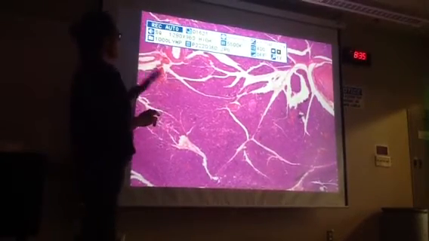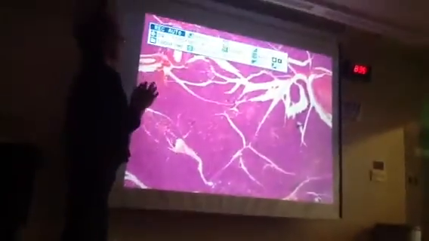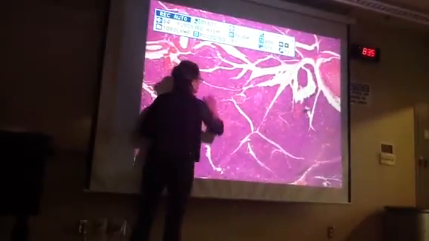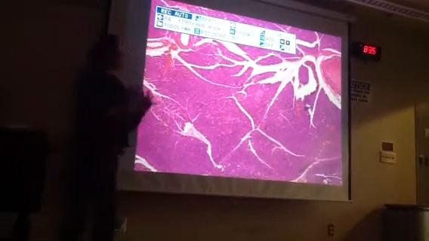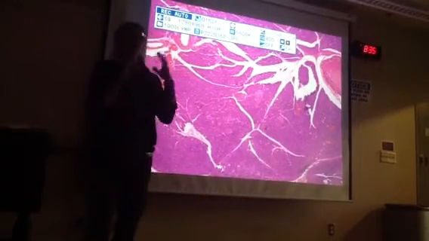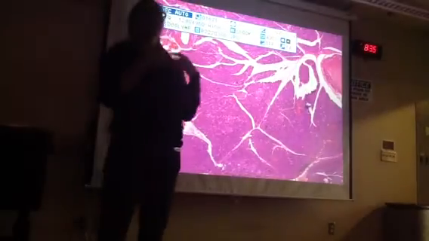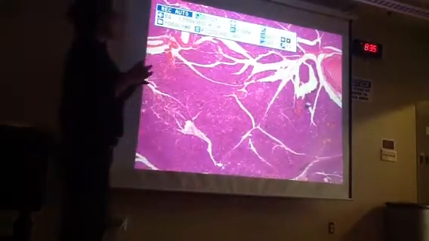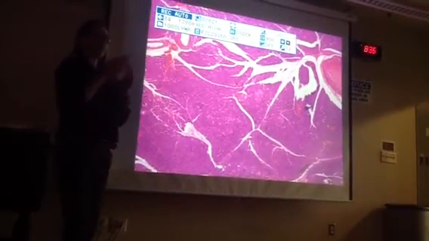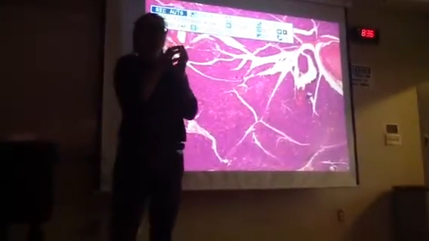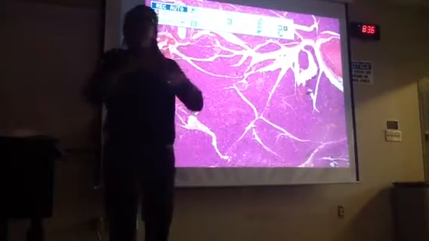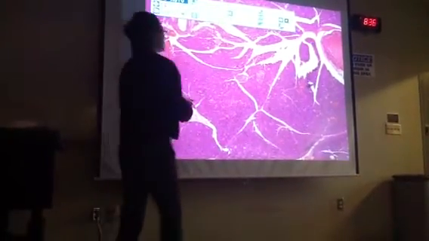There aren't going to be a lot of islets, but what you're looking for are a group of cells amidst all of these acinar cells that are clumped together and stained lighter. They usually stain a lighter pink color. And usually the islets are going to have a lot of capillaries in them or right around them, because that's where the hormones are going to go, into those blood vessels.